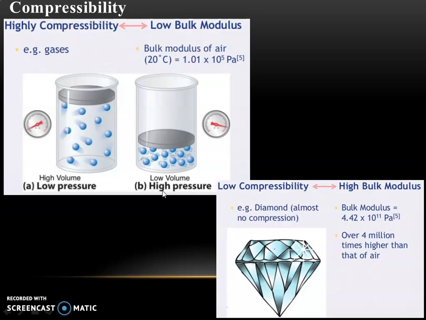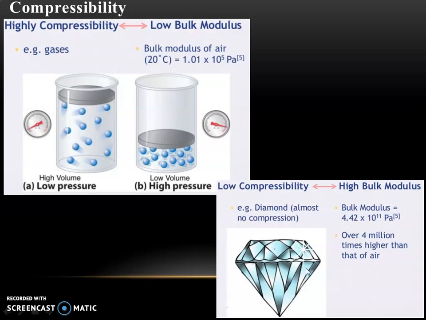So there is high pressure and low volume. With the increase in pressure, hence we know that the gases are highly compressible. Since compressibility is inversely proportional to bulk modulus, K for gases is low.